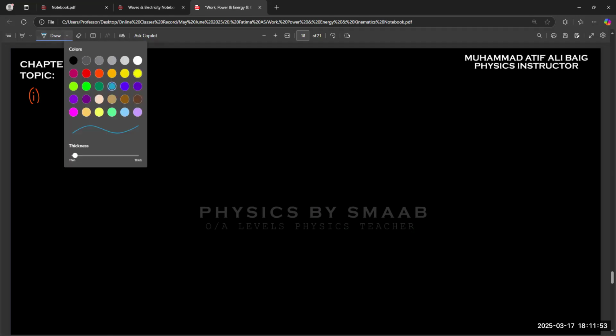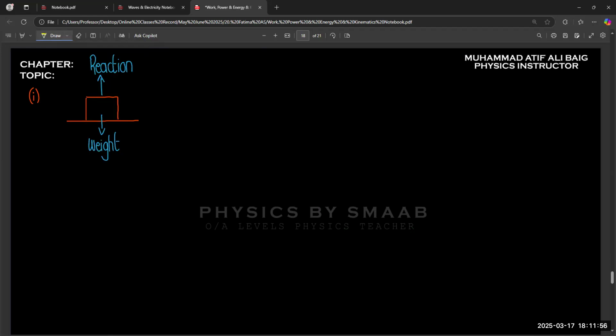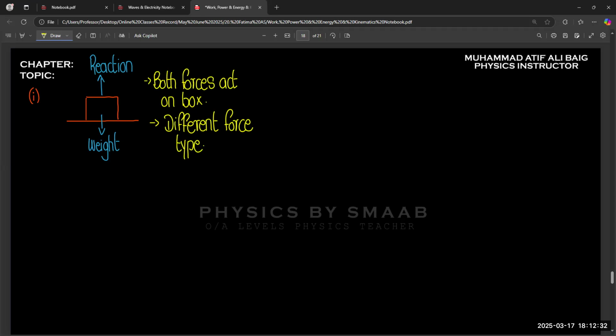It means this is not the application of Newton's third law, because both forces act on the box, and they are different types of forces.